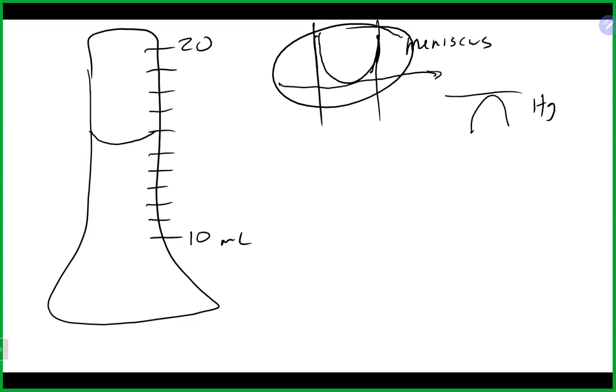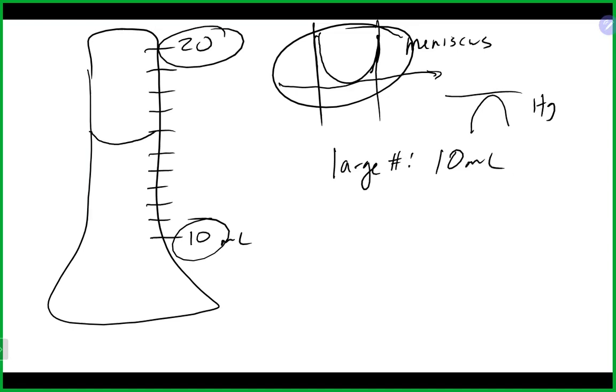So we still want to do the same thing here. We take a look at our large numbers. Our large numbers on the scale are 10 and 20, which means we have about a 10 milliliter spread between them.